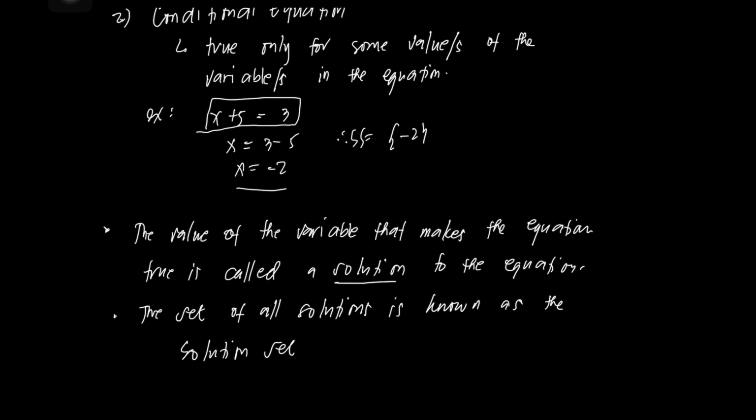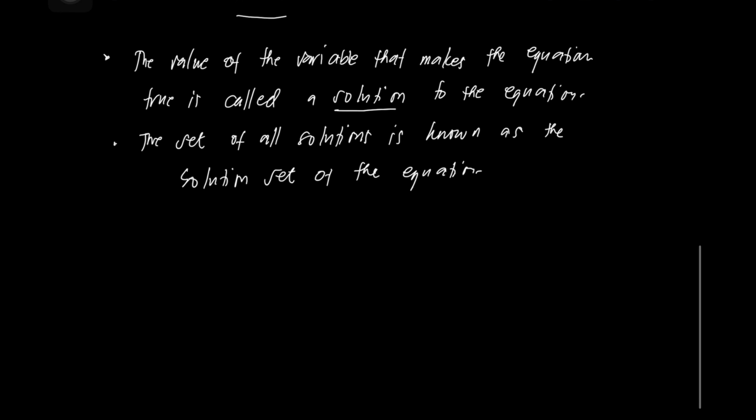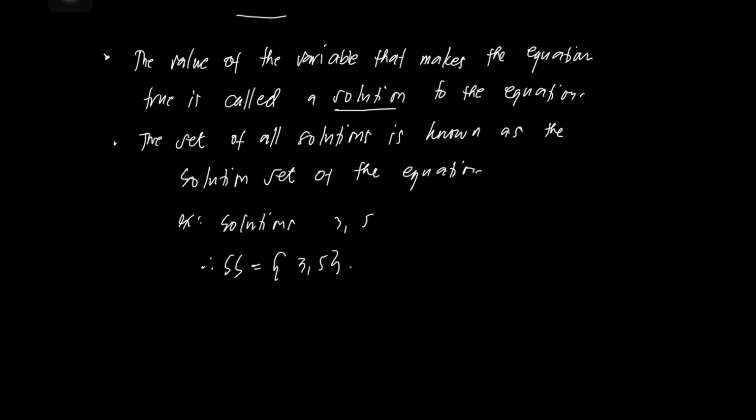For example, if the solutions are, let's say, 3 and 5, then the set can be written as {3, 5}. Meaning you are putting all the elements or all the values of x that would satisfy the equation in one set, and that is called the solution set of the equation.